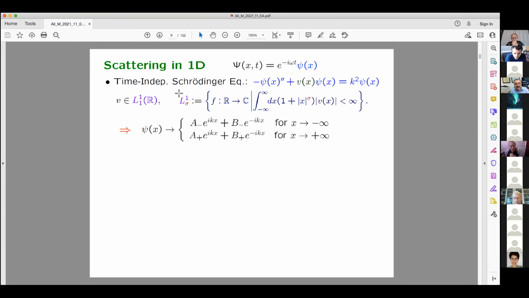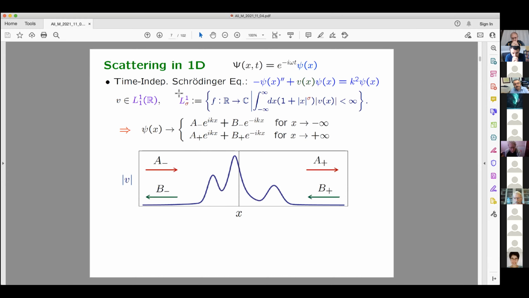So with this class of potentials, you know that asymptotically, the solutions of the Schrodinger equation tend to plane waves, and then you can have these coefficients at plus or minus infinity, which give the asymptotic solutions, and you can use them to define what is known as a transfer matrix. These A's are the coefficients of right-going waves, B's are the coefficients of the left-going waves at infinity.